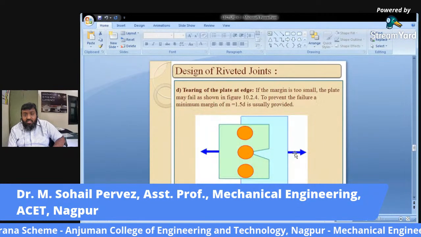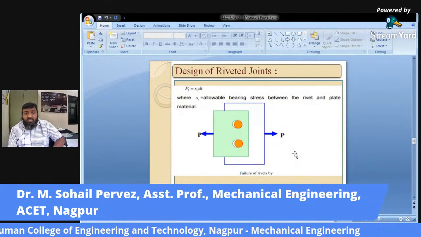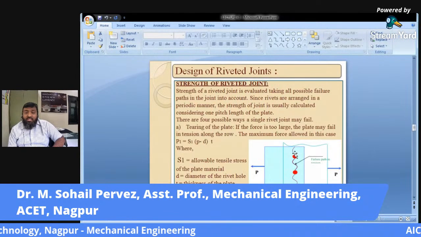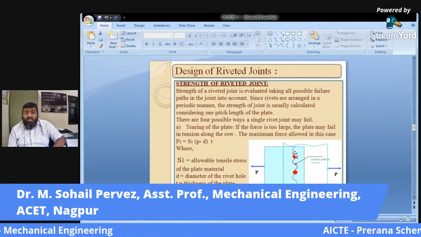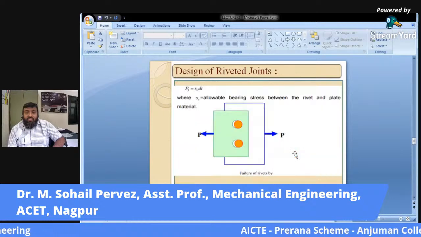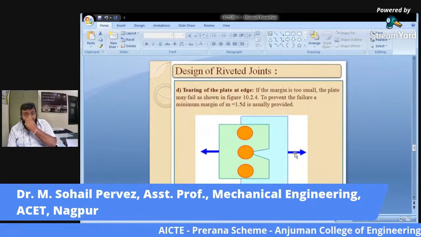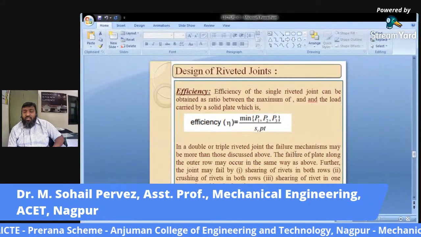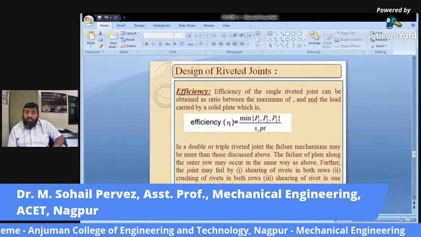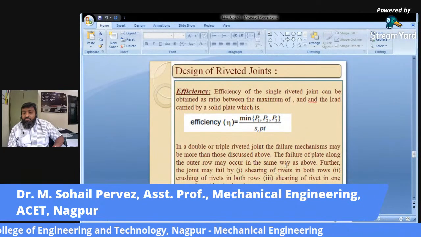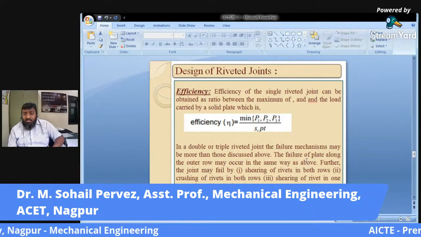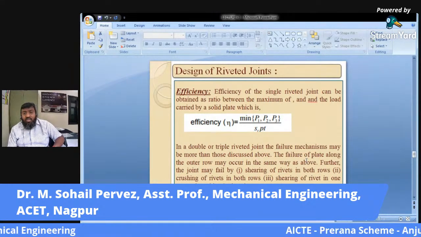This is P3 in crushing, this is P2 in shearing, and this is P1. So out of these three, if you want to calculate the efficiency of the joint, then the minimum of these divided by P into T into the allowable shear stress, you'll get the efficiency of the joint.